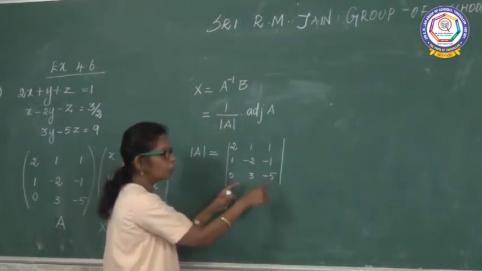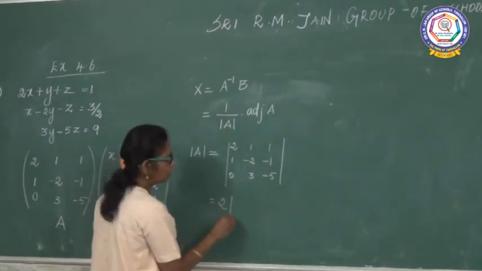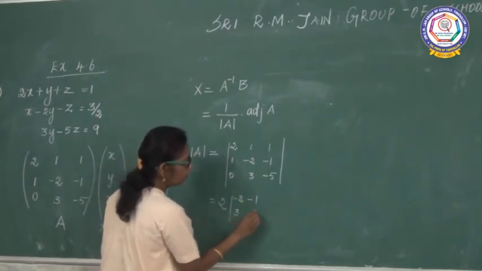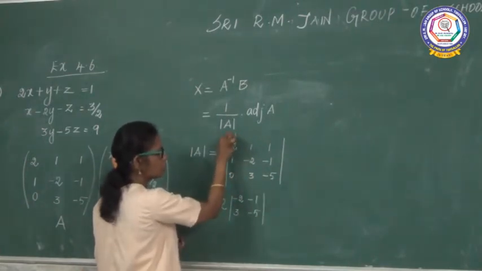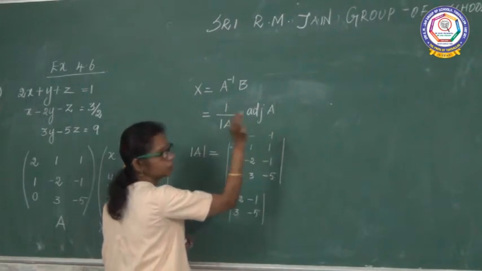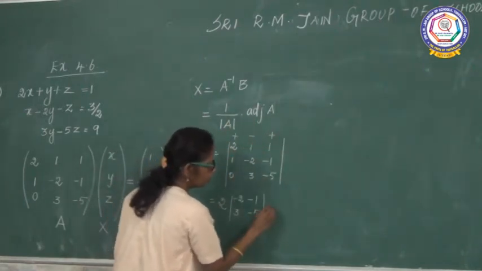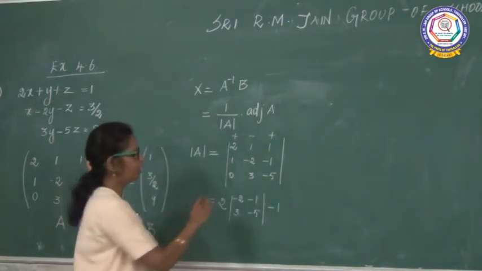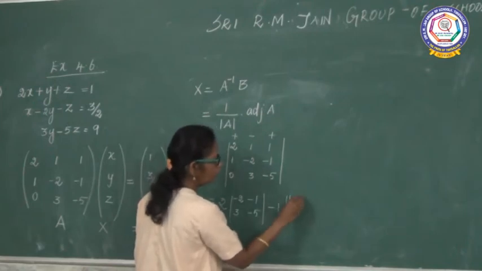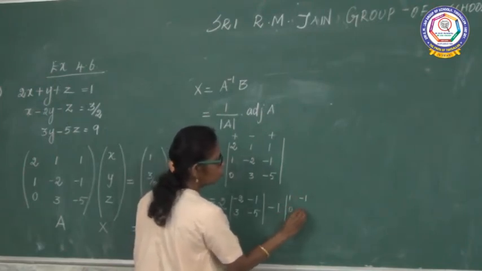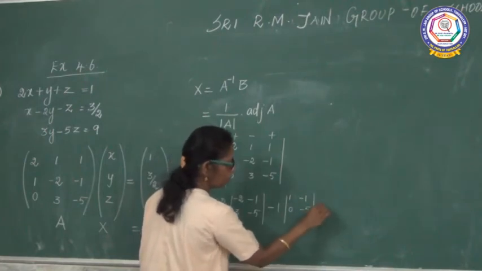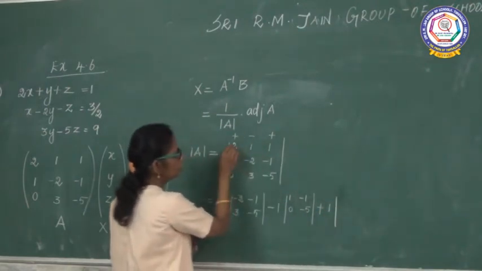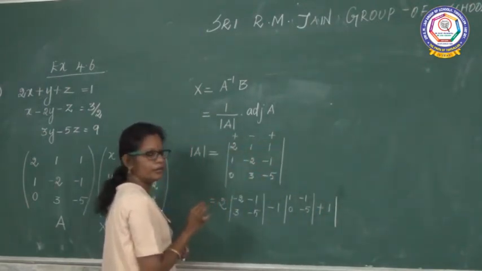The 3 by 3 is converted into 2 by 2 determinant: minus 2, minus 1, 3, minus 5. Next, positive, negative, positive, that is the rule. Minus 1 into, the second column and first row should be deleted, the elements that exist are 1, minus 1, 0, minus 5.